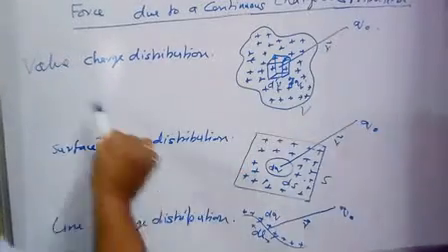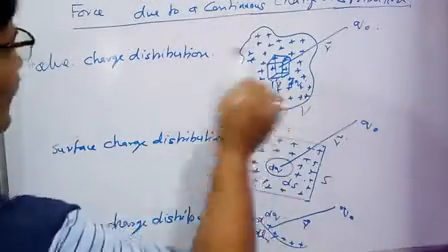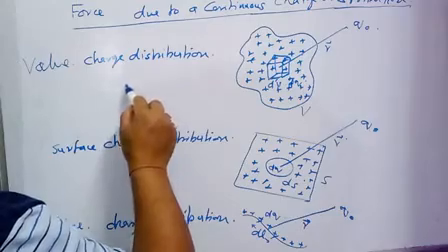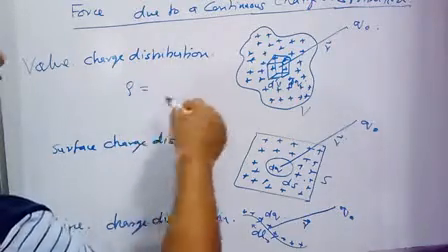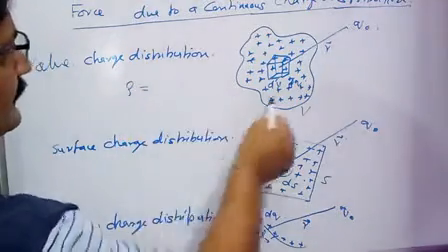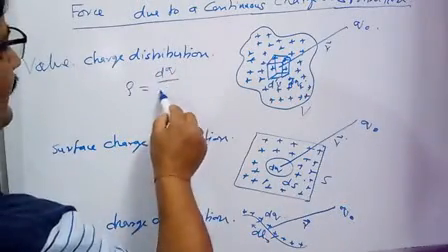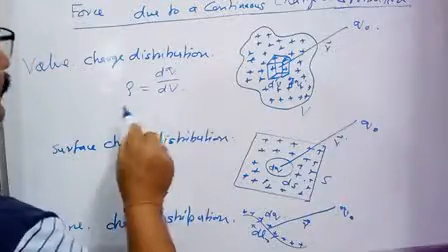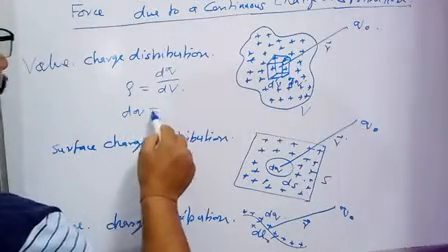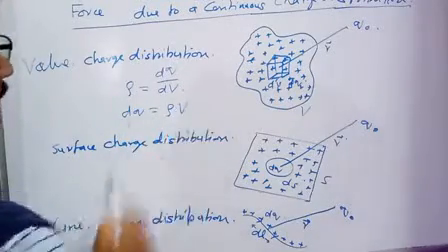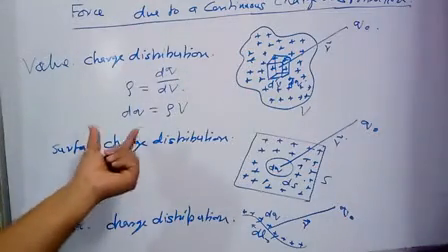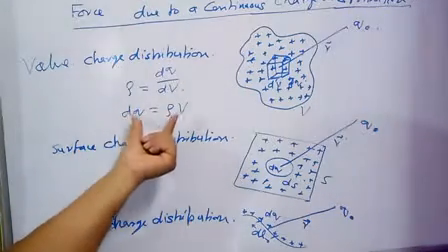In the first case, suppose the volume charge density is given by rho. What is going to be the value of rho? The total charge dq on the small section divided by its volume dV. So dq is equal to rho multiplied by dV. Rho is the volume charge density.